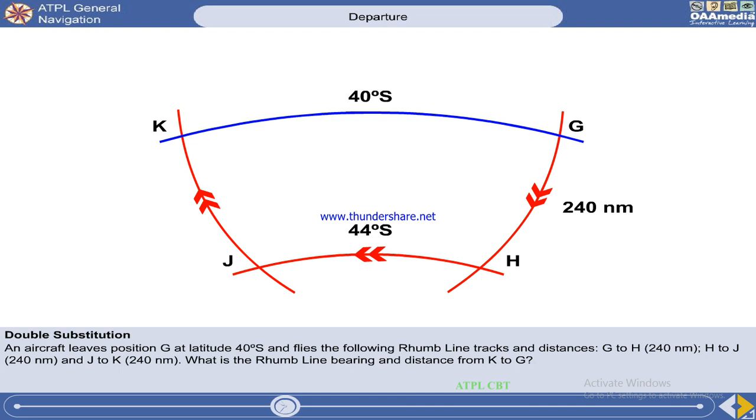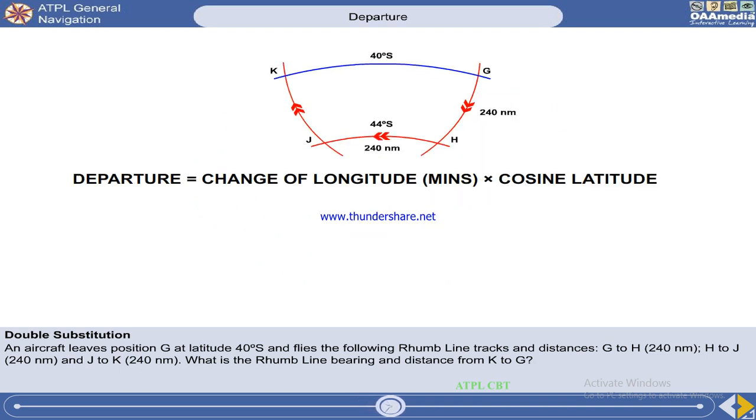The method will now be to find the change of longitude from H to J from the departure. Once we know the change of longitude from K to G, we can find the departure at 40 south. Departure equals the change of longitude in minutes multiplied by the cosine of the latitude.